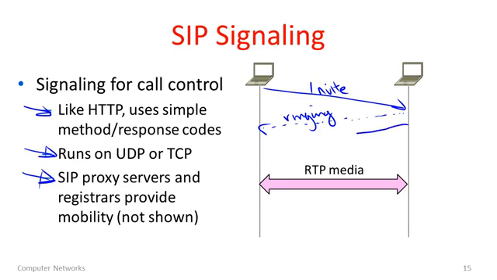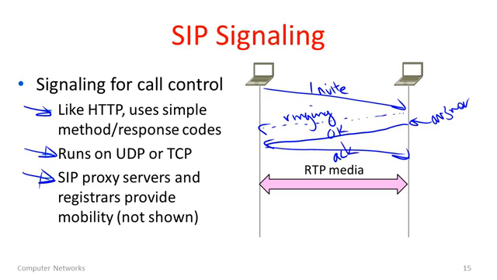Assume they pick up, then you'll get an OK, meaning the call is on. So here someone has answered the call. And just to complete the handshake, there's also an ACK that's sent in the other direction.